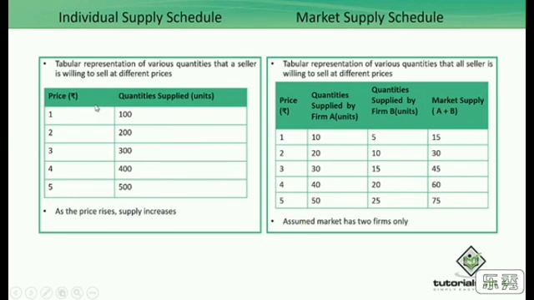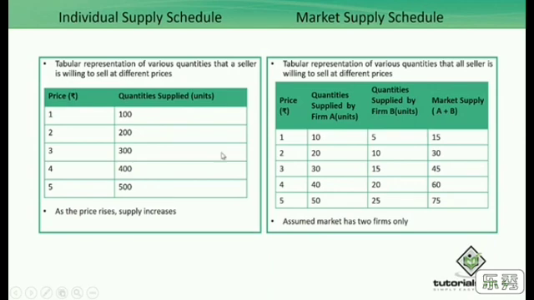The individual supply schedule is nothing but the quantity that a seller is willing to sell at different prices. Here in this table, these are the different prices and this is the quantity supplied by, let's say, supplier X. As the price increases from 1 to 5, the quantity supplied increased from 100 to 500.